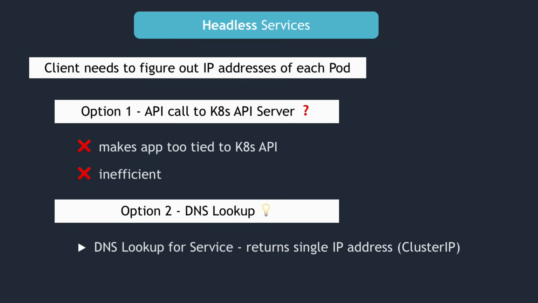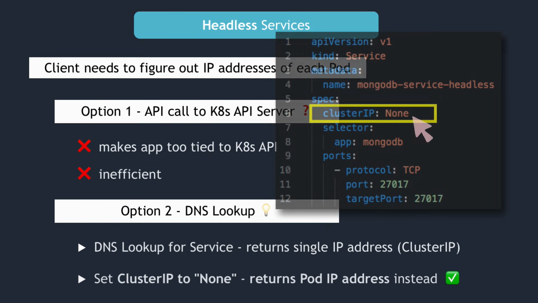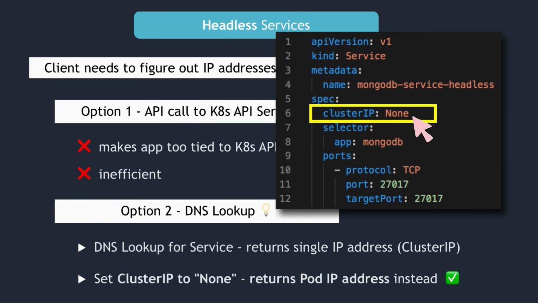However, if you tell Kubernetes that you don't need a cluster IP address for the service, by setting the clusterIP field to None when creating a service, then the DNS server will return the pod IP addresses instead of the service's IP address. And now the client can do a simple DNS lookup to get the IP addresses of the pods that are members of that service.